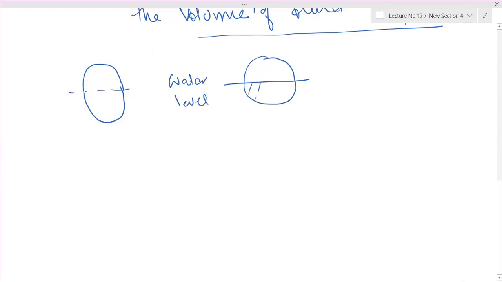This is the volume displaced, so we have to find the geometric center or centroid of this part. You have to locate it. This is the center of buoyancy. So basically, the center of buoyancy is a centroid or geometric center.